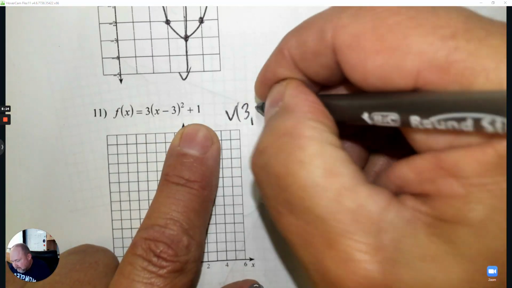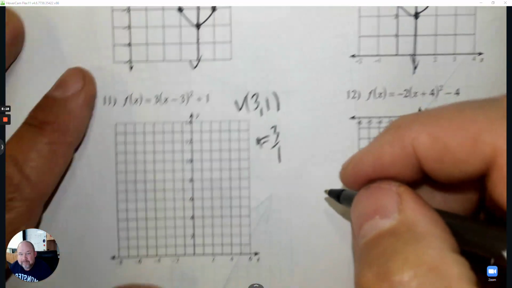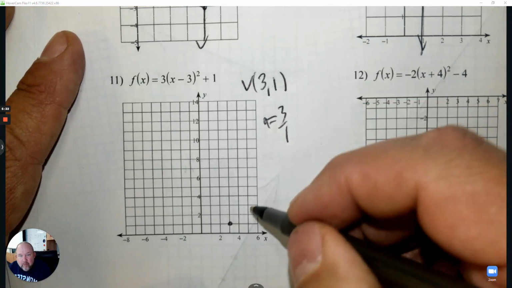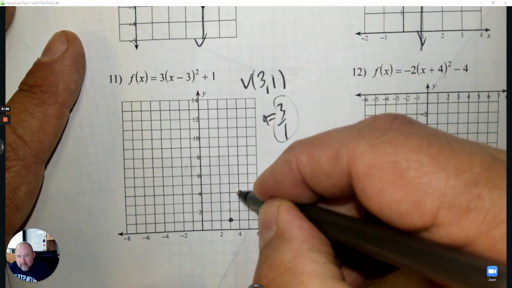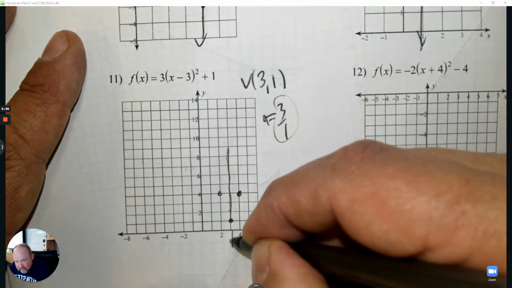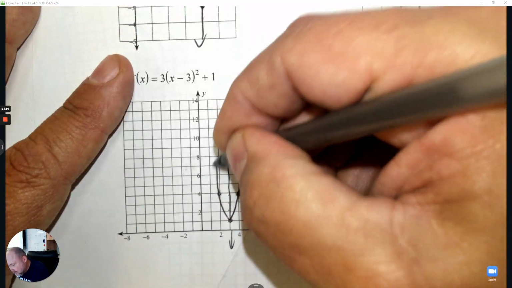At positive 3, positive 1, and A is 3. So I go 3, 1, and then from there I go up 3, over 1, and up 3 to the left 1. Again, you can draw the axis of symmetry through the vertex, and then the graph.